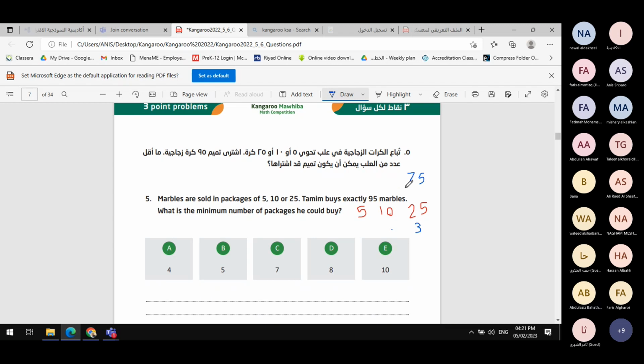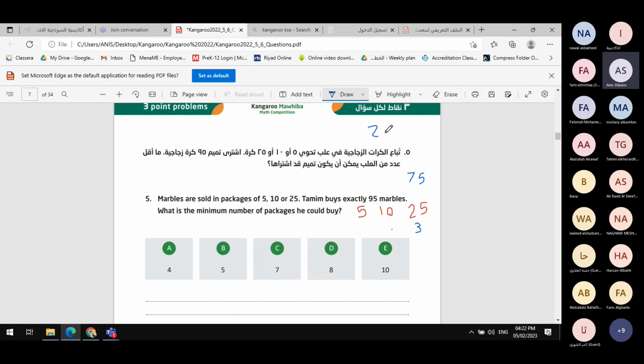Times 4 is 100. So I'm going to take 3 packages of 25, and I'm going to start adding the 10 and 5 packages. So 95 minus 75 is 20.